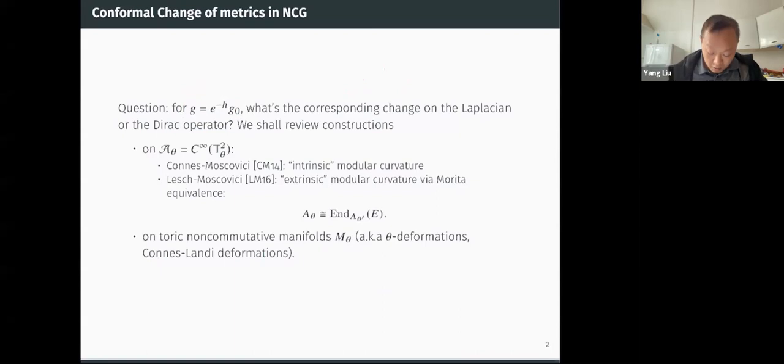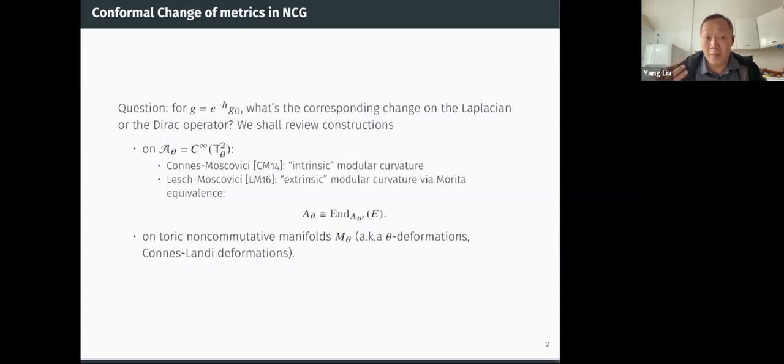I will focus on two classes of examples: noncommutative tori and the toric noncommutative manifolds, as is well known now, the theta deformations or Connes-Moscovici manifolds. For the next step, the subtle part I would like to explore today is how to change inner products.